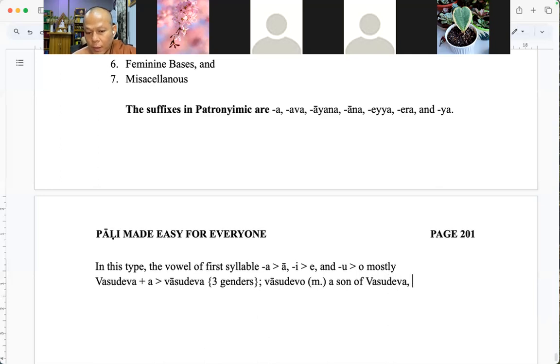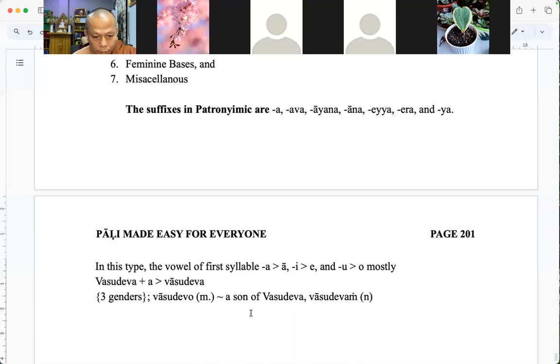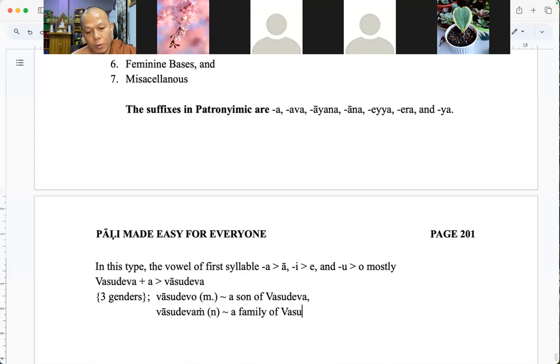So in this way. And then if we see Vāsudeva as a neuter gender, at that time it means a family of Vasudeva.